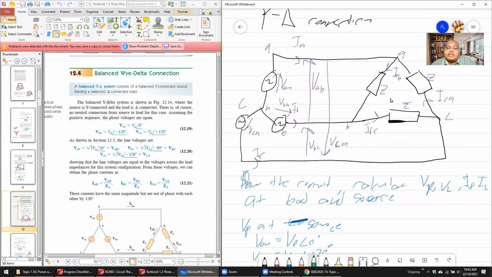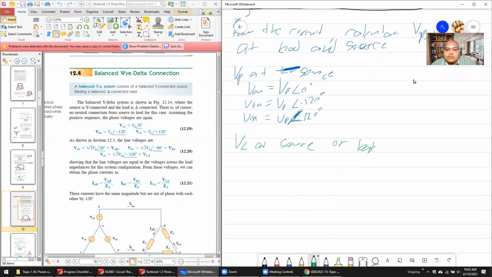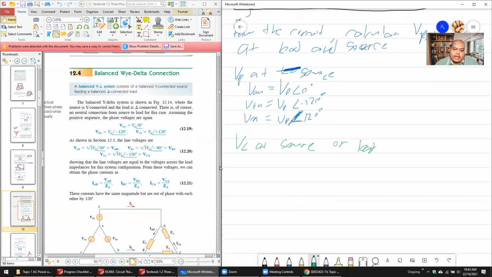Line voltage and V phase at load, make sure you understand.